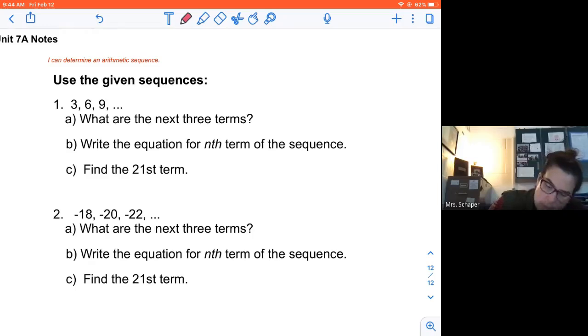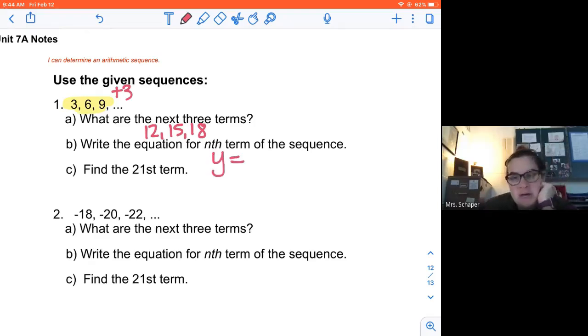3, 6, 9. What are the next 3 terms in the sequence? It looks like I'm adding 3 each time. So 12, 15, and 18. Okay. And then find the nth term. So y equals my rate of change. So I'm adding 3 every time. That's my rate of change, plus my starting number.